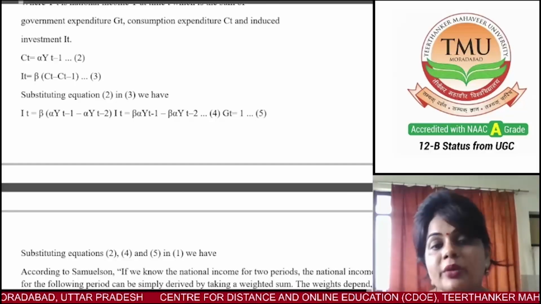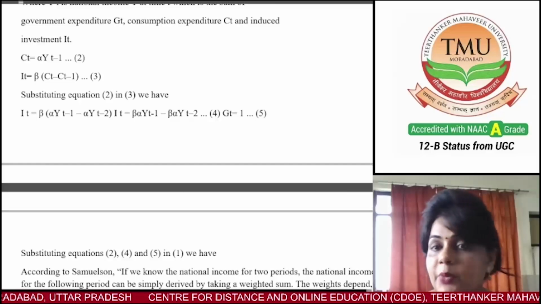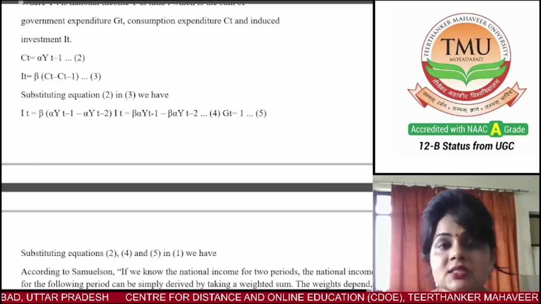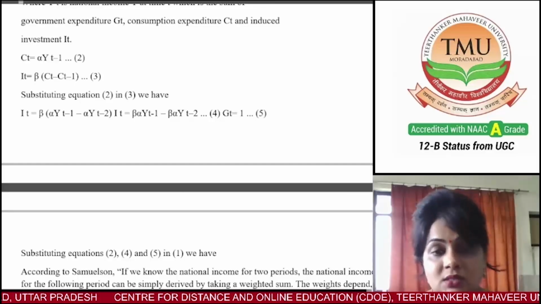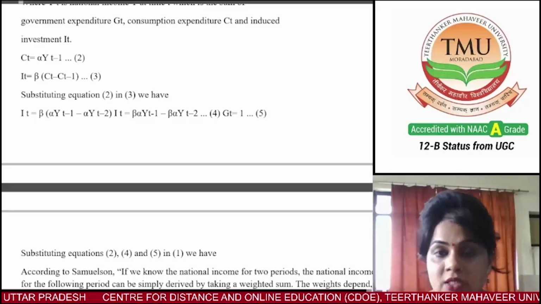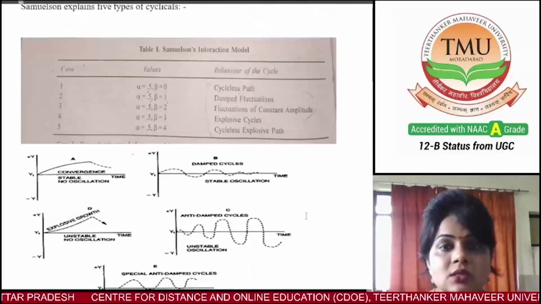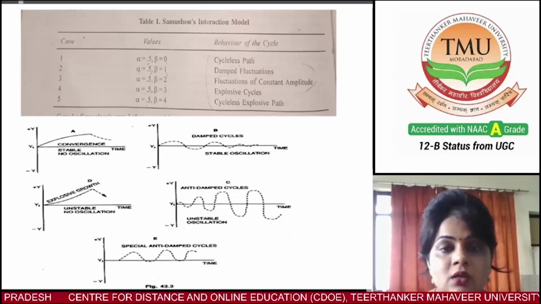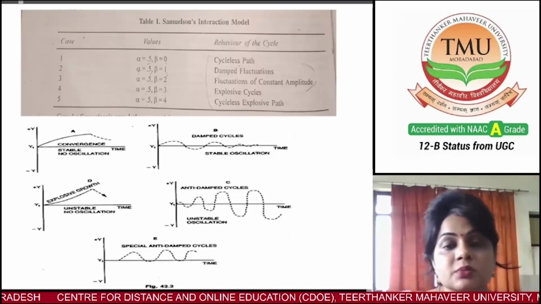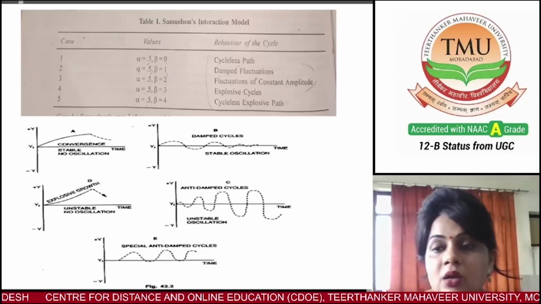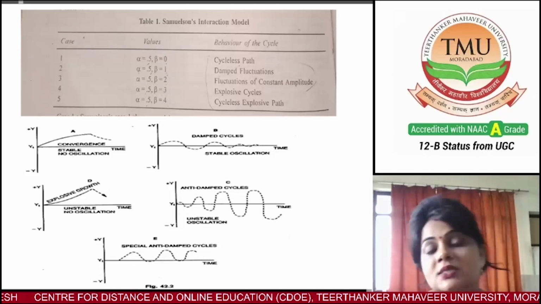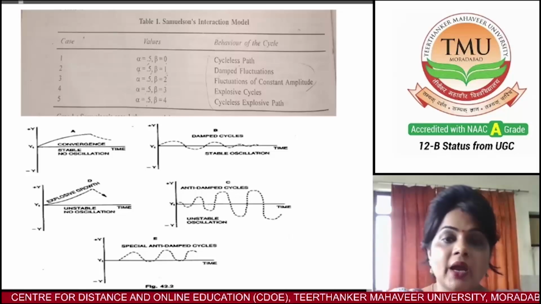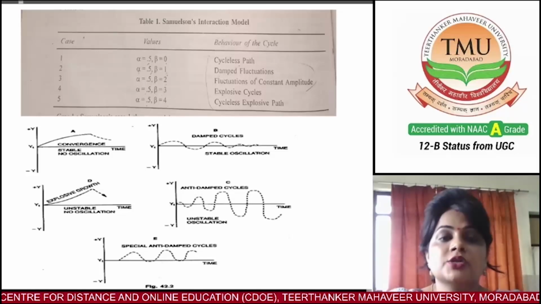By taking different combinations of values of marginal propensity to consume and capital output ratio, Samuelson has described different paths, which you can see in this figure, that the economy will follow.